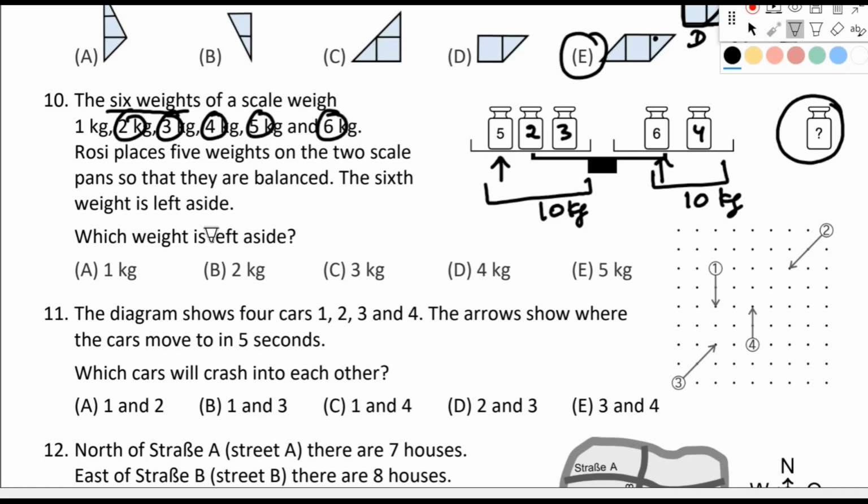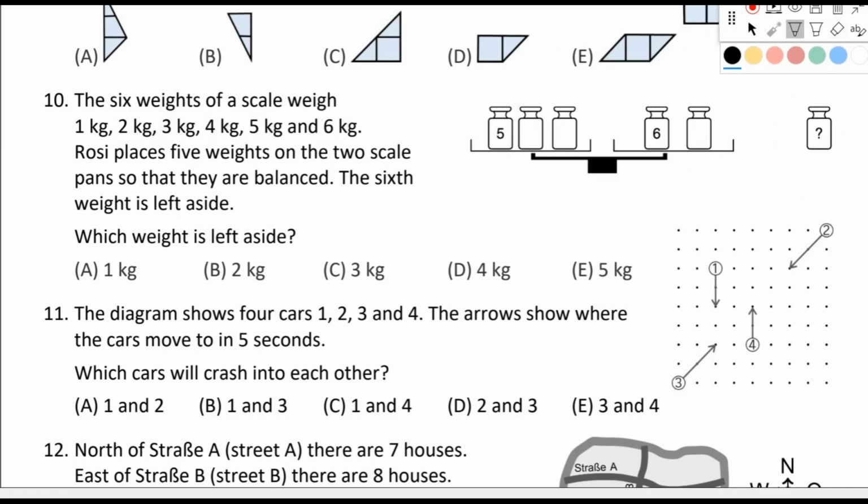So all these weights are consumed except the 1 kilogram weight. So the question mark jar is 1 kilogram, because on the weighing machine, both sides at 10 kilograms are well balanced. So what is left is the 1 kilogram.